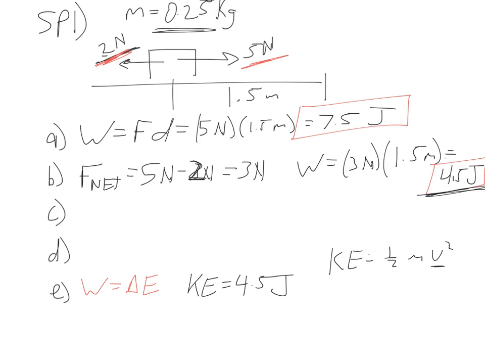Multiply the 2 up, so 2 times the kinetic energy divided by the m, and then take the square root, and that's going to equal the velocity. And now I can just plug in my numbers. 2 times 4.5, and then divide that number by 0.25, then take the square root. And I end up with a velocity of 6 meters per second. And that's it.